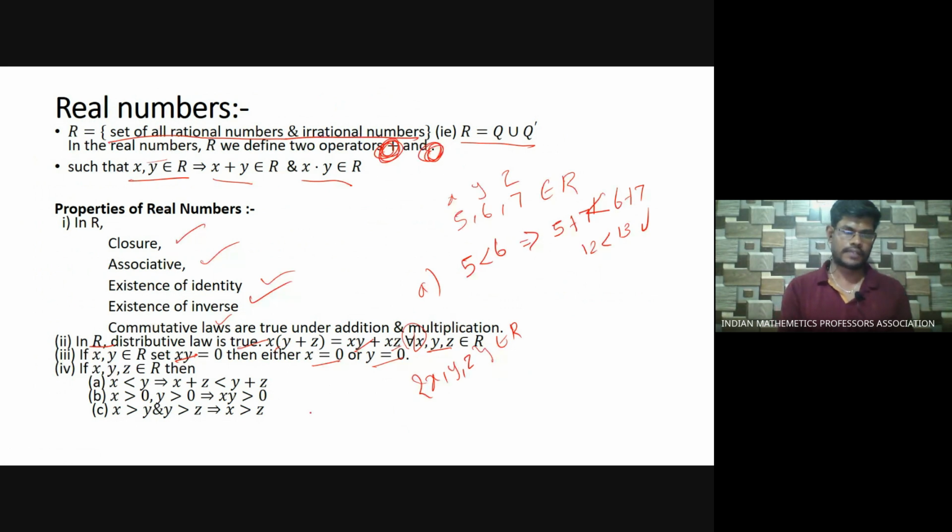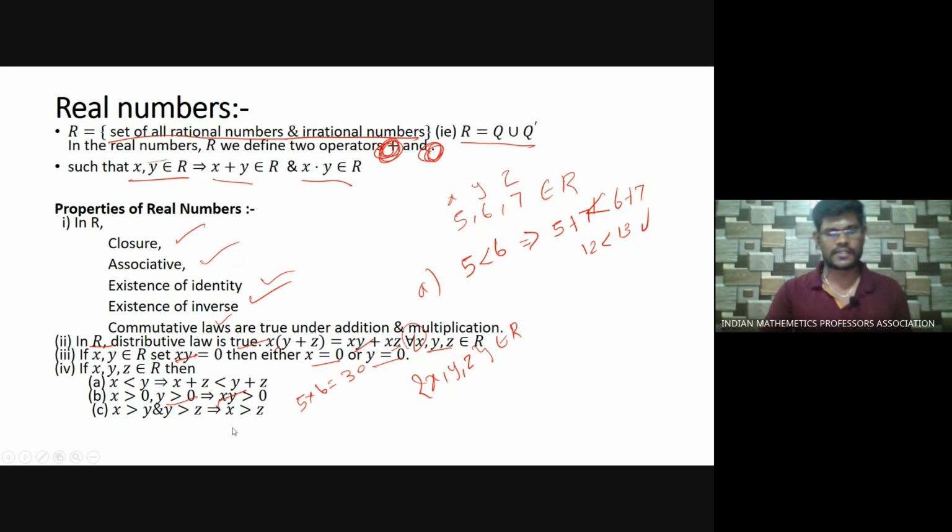Okay, the same thing: if x is greater than 0 and y is greater than 0, then xy is greater than 0. For example, 5 times 6 is equal to 30. And here, if x is greater than y and y is greater than z, then x is greater than z.